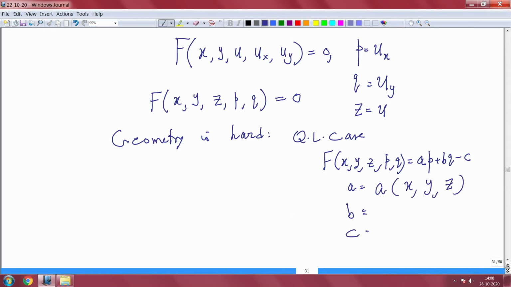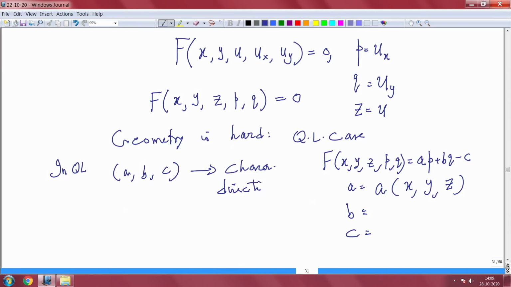If you recall the quasi linear equations, in the quasi linear case a, b, c give the characteristic directions. That is what we have seen.